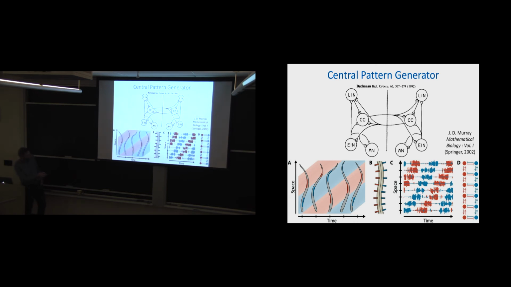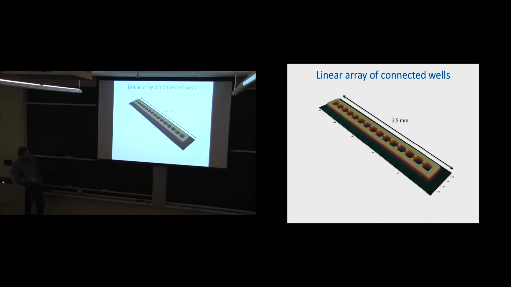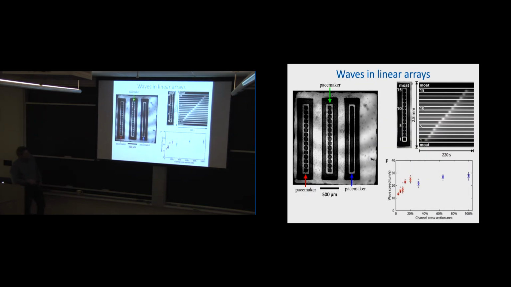They say inhibitory coupled across the spine, excitatory coupled along, and we reduce it even further. So this is one side of the spine, and then we shine light on all of these so that they are only excitable. They're not oscillatory.